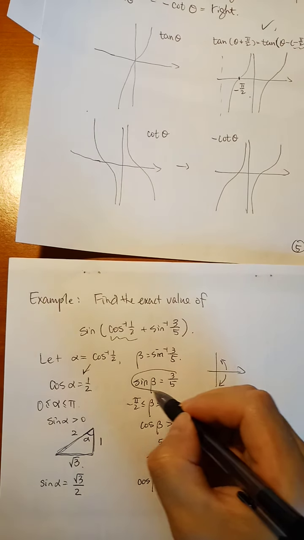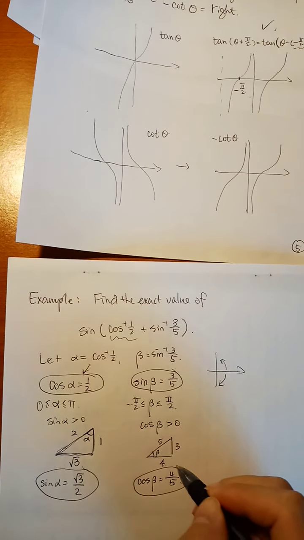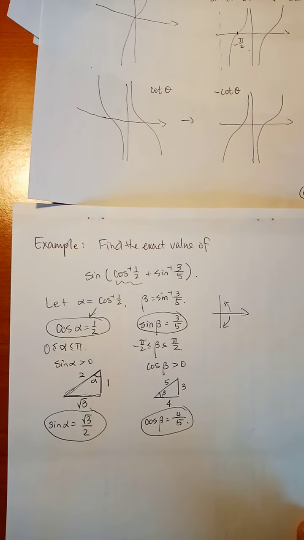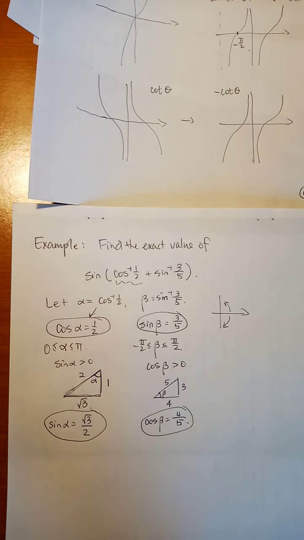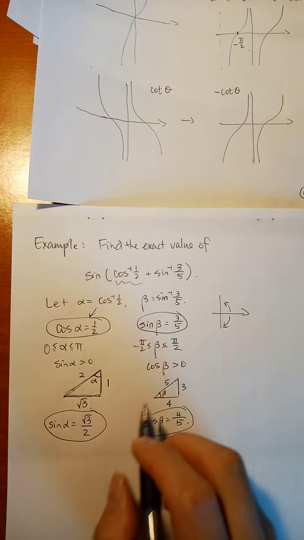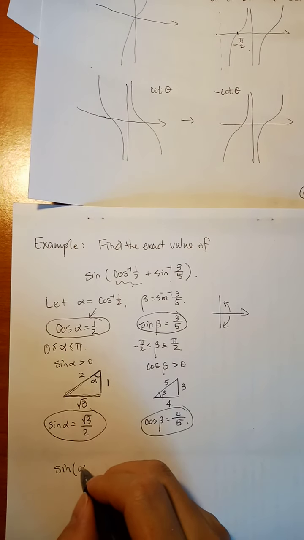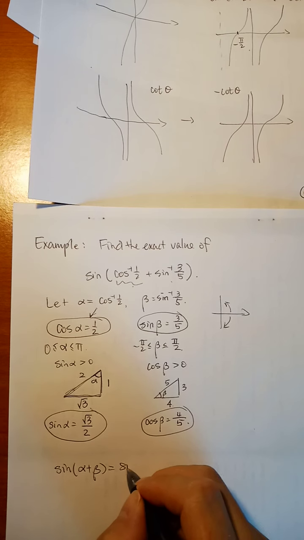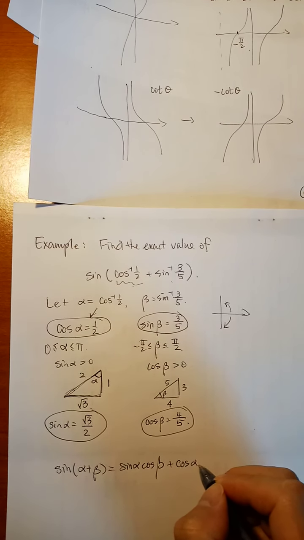So keep in mind, you must have those 4 values. Whenever you want to apply the sine, cosine sum difference formula, you have to have 4 numbers. So sine of alpha plus beta is sine alpha cosine beta plus cosine alpha sine beta.